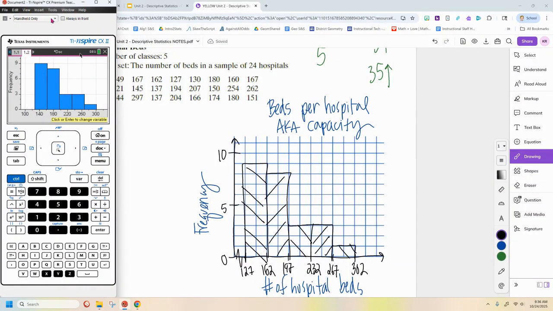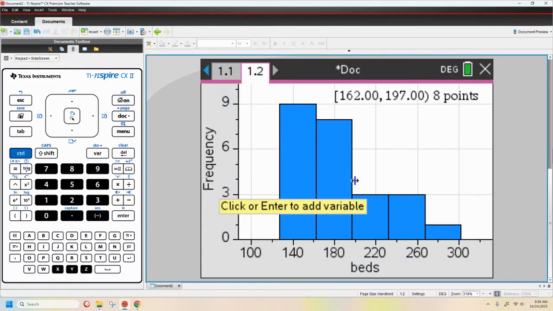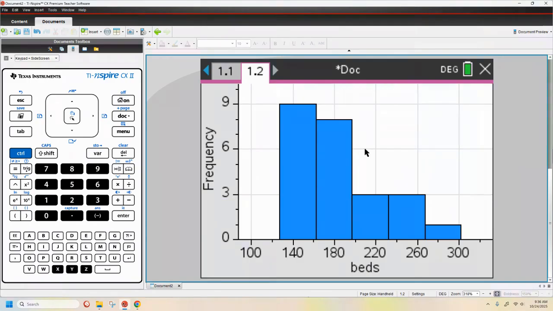So when you want to go back and forth between screens, using the hand tool on the screen sometimes can be a little crazy, especially when it grabs onto things and starts to move things around. So if you ever want to turn pages, it's actually a control function. So you can go control and turn a page back.